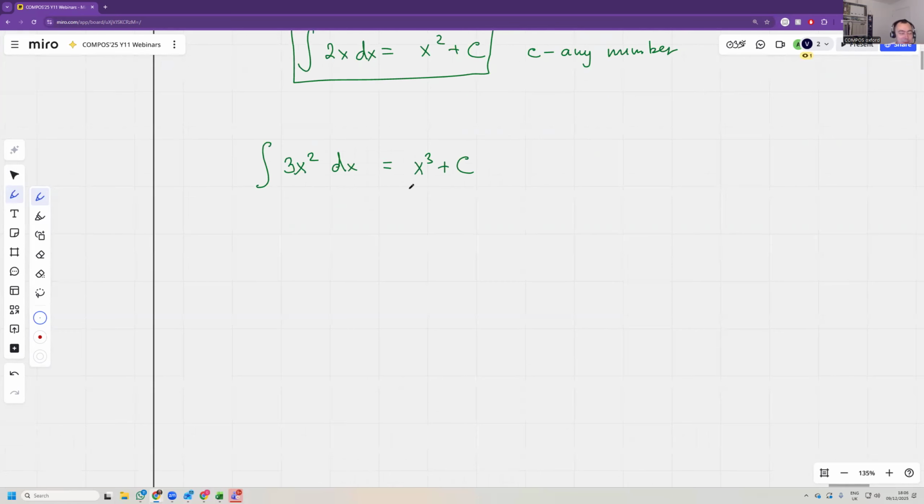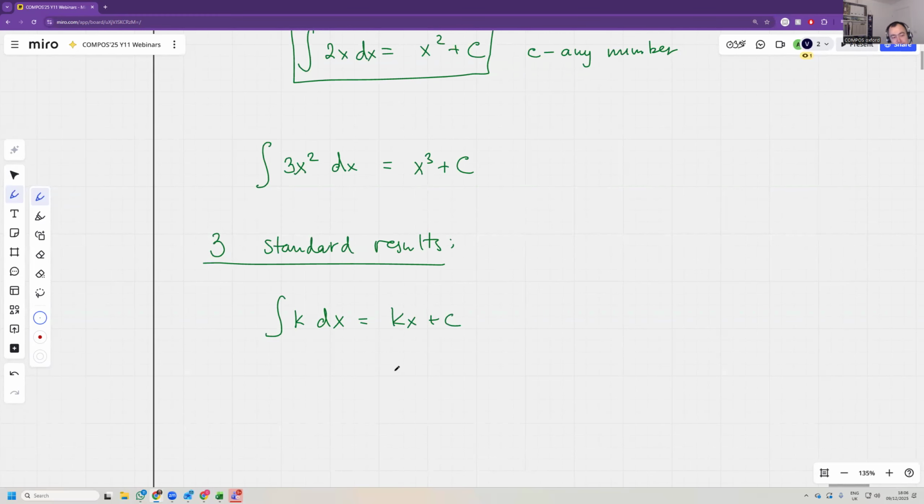So we will use three standard results. I'm giving them without proof. And they are as follows. The integral of k dx, where k is a constant, is just kx plus c.